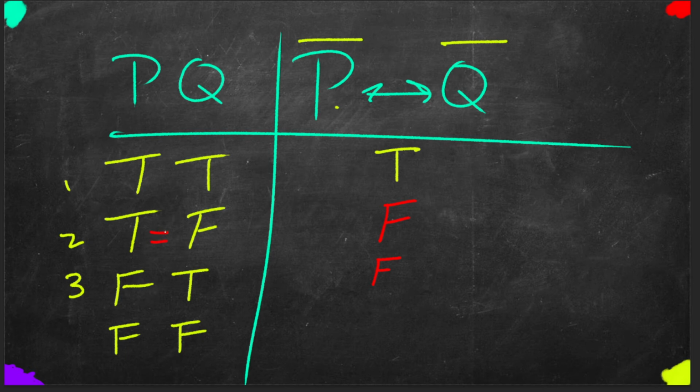Again, you see that these two inputs do not match. That is, in these two rows, the value for P is different from the value of Q. In our final row, row 4 here, what we see is that the values of P and Q match, and so they're both false here, and so P, if and only if Q, comes out as true.